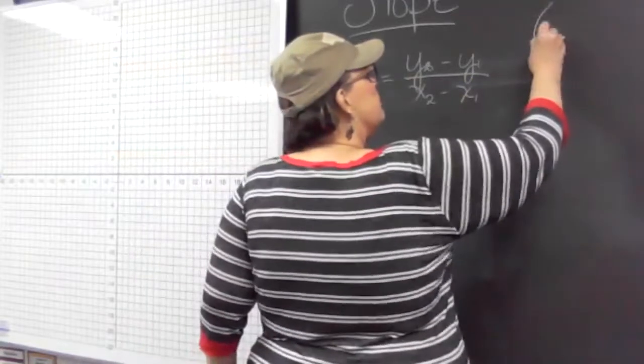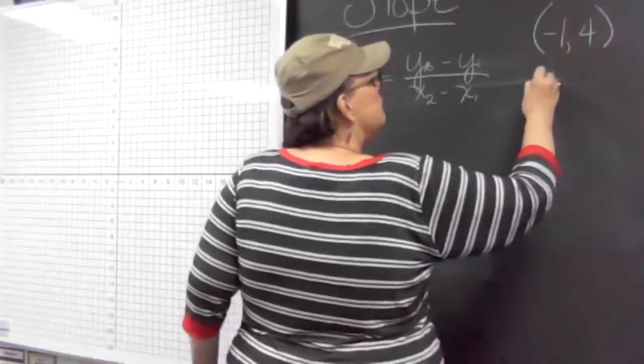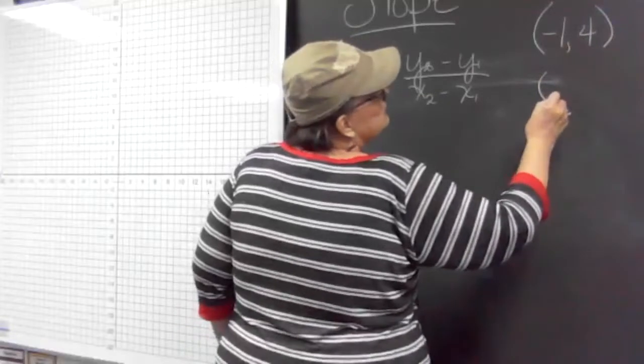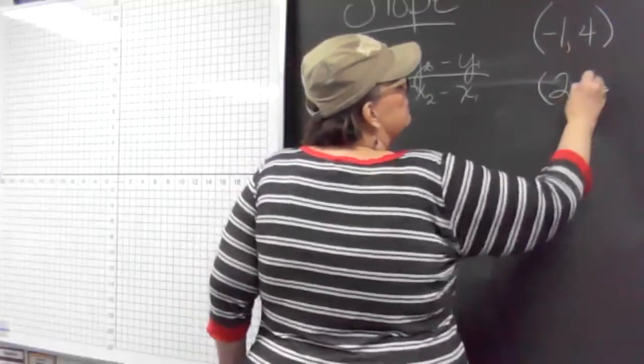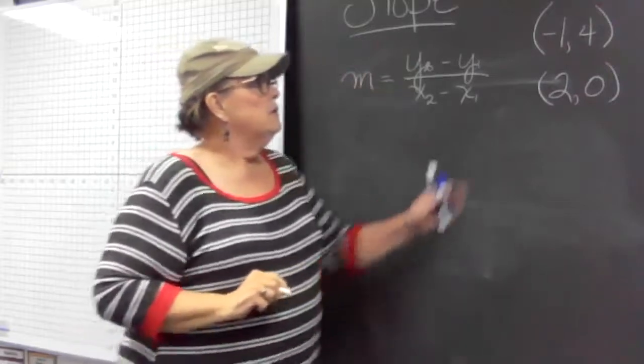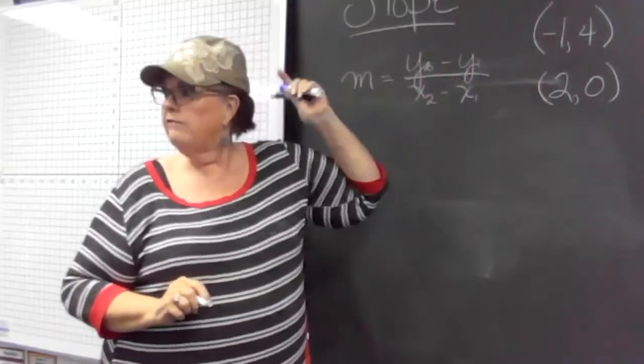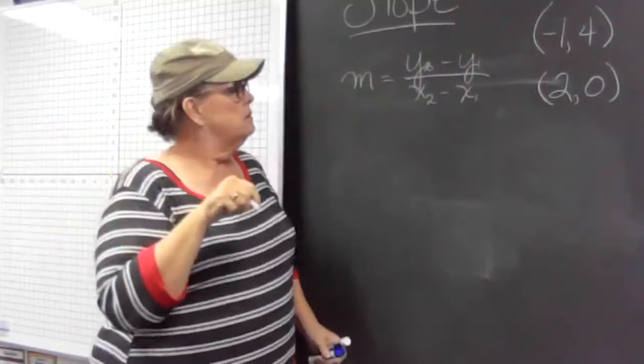So I'll just make up a couple of points. Here's -1, 4. And the other one, let's make it be 2, 0. So this would be just like plotting those 2 points on the graph and counting. Okay?